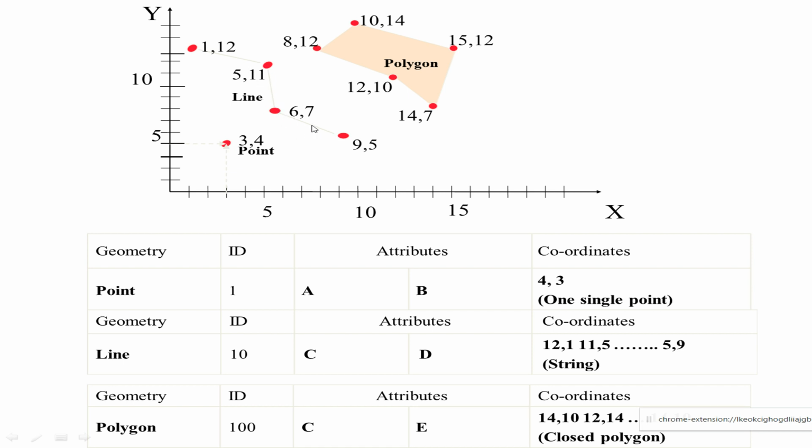So how many coordinates it is covering, here you can see from my pointer. And then for polygon, you see how many coordinates have been assigned, and the ID means one value has been given to this vector feature. It is telling about the attribute table. I will show you the vector attribute table.